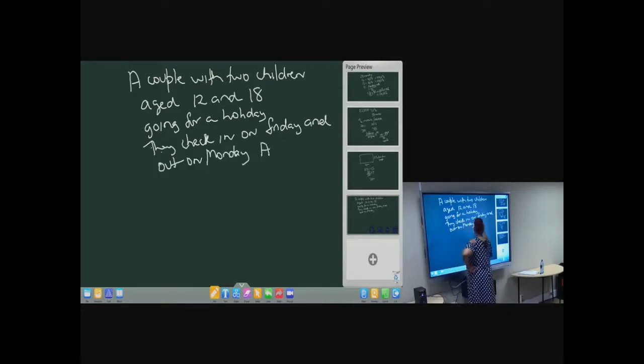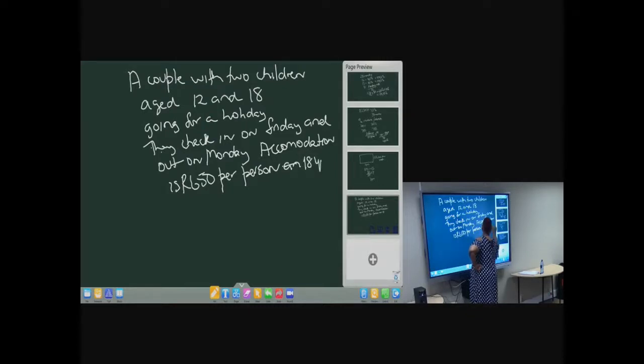Then we are told that accommodation is 650 per person, per person 18 years and older.